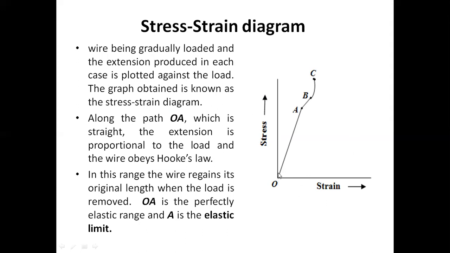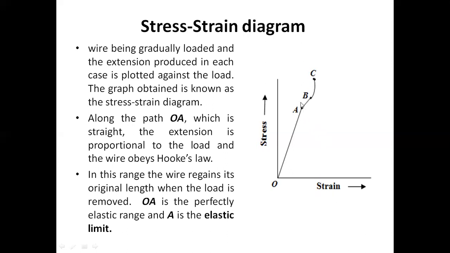All along the path OA, the obtained path is a straight line. The stress is proportional to strain. With the increase in stress, the strain also increases and the wire obeys Hooke's law.